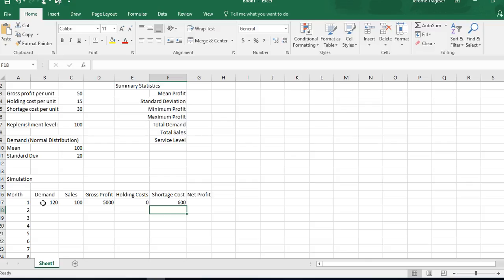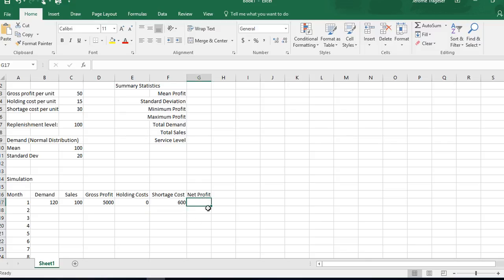So as we can see here now, demand's 120, can only sell 100 of them, so we're short by 20 units. 20 times $30 a unit gives us a shortage cost of $600. Now we move along and we want to calculate our net profit. Net profit is simply the gross profit less our holding costs less our shortage cost.